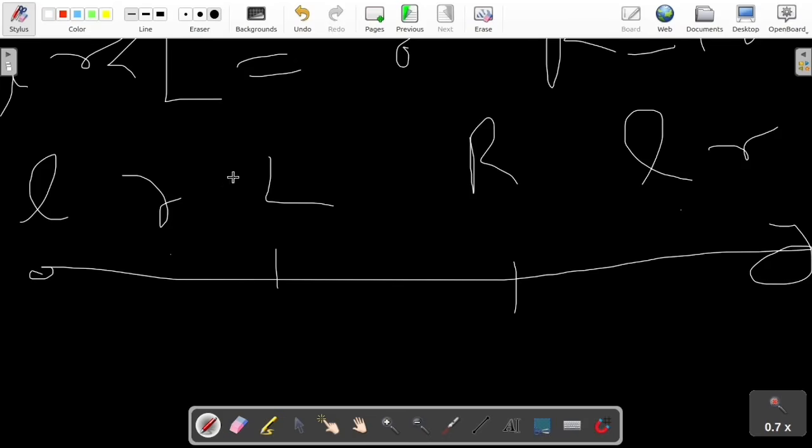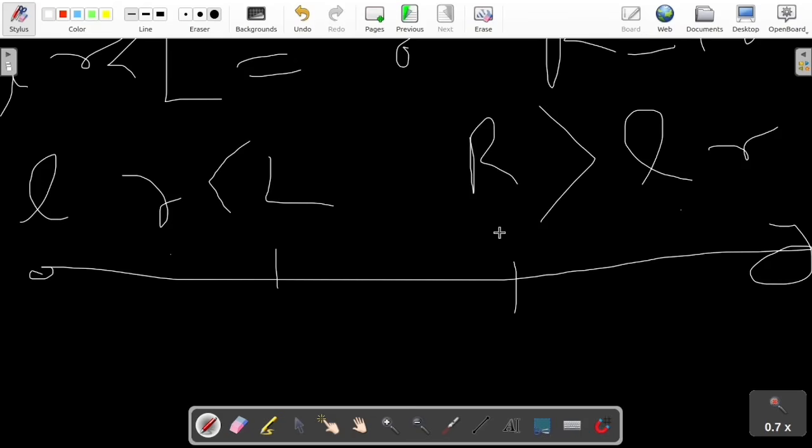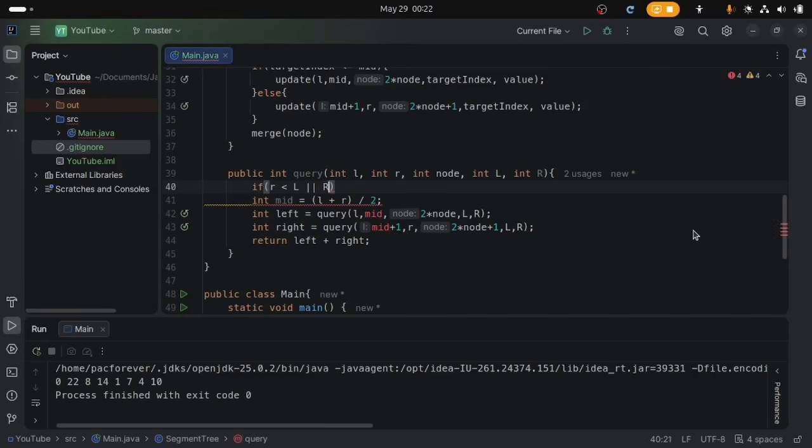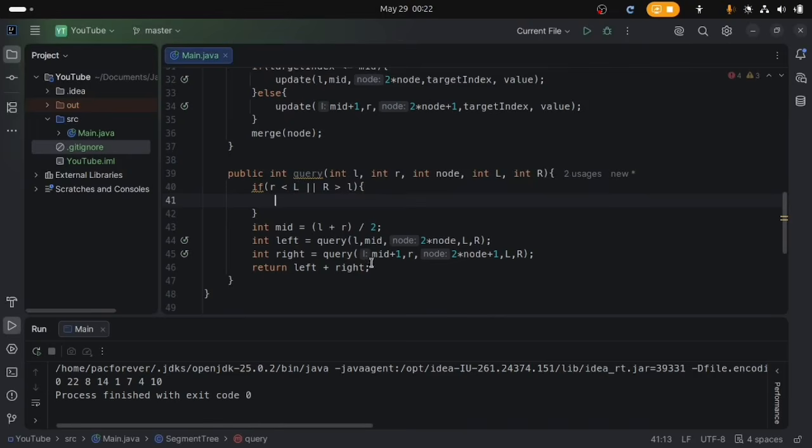So there are only two conditions: if my capital L is greater than R, or if my capital R is greater than L. So either it may be this or maybe this, not both at the same time.